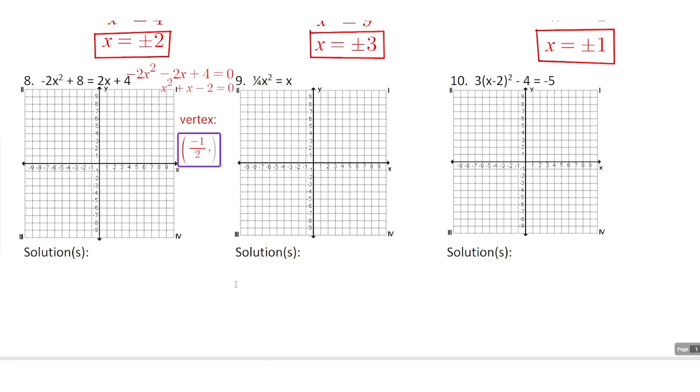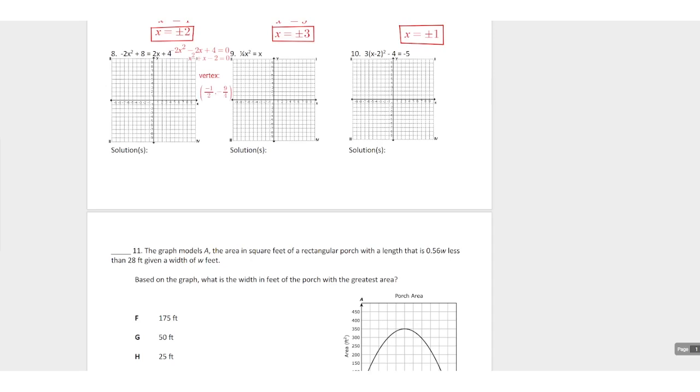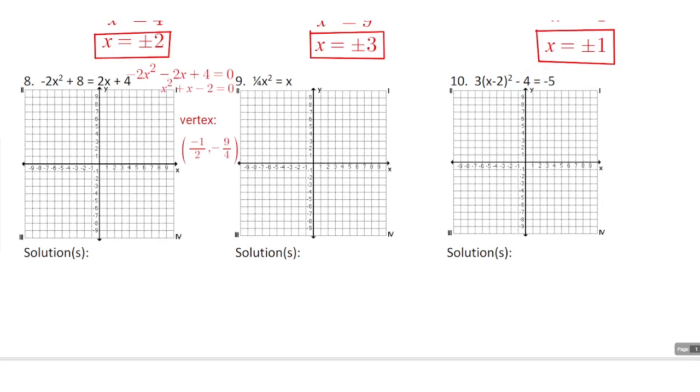Is -2.25 or -9/4. So we could plot that. It's kind of a weird spot, but it's about -1/2, comma, -2.25. So it's going to be roughly here.